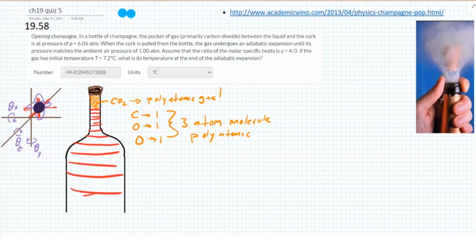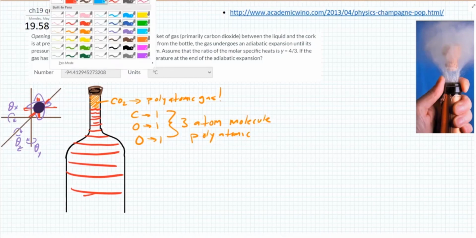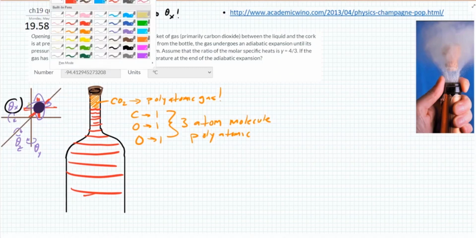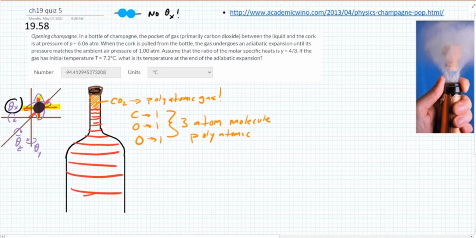Basically, in the world of diatomic molecules, you do not get rotation about that axis. So no rotation here, no theta x. Whereas here I am getting theta x. So I have 1 degree of freedom, 2, 3, 4, 5, 6.